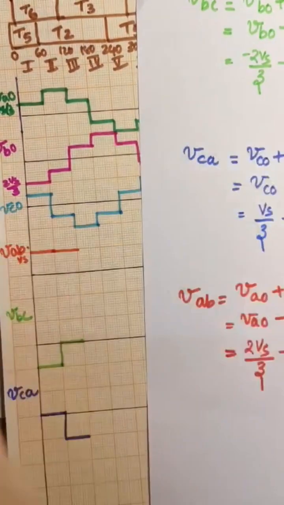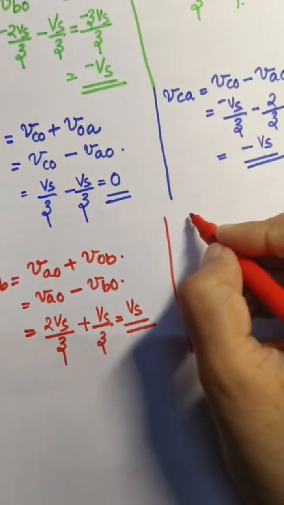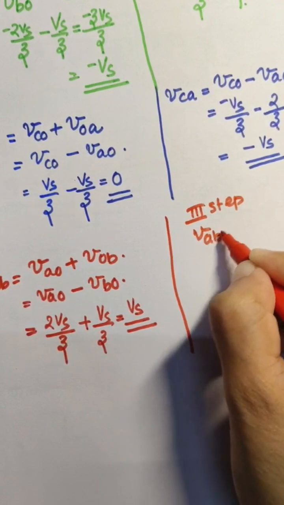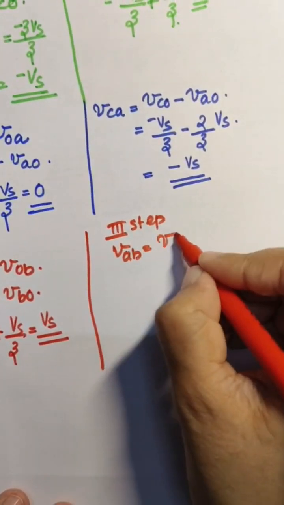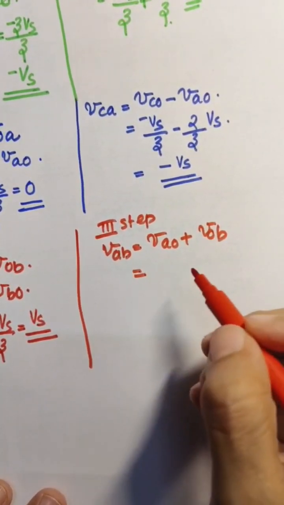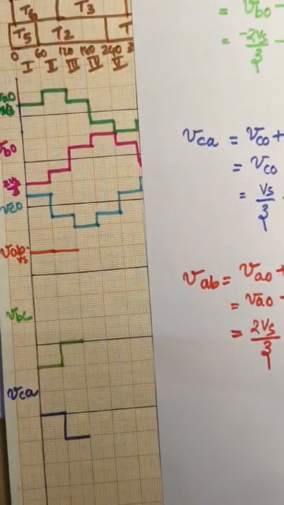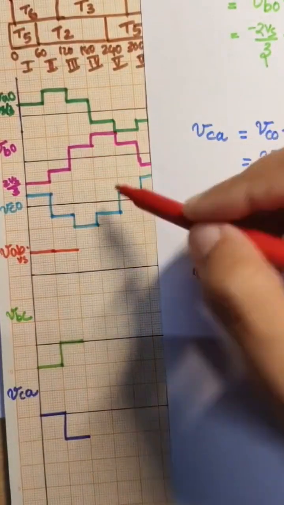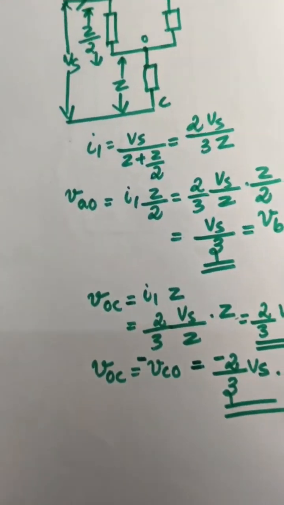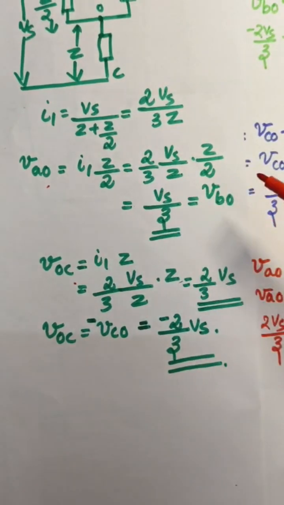For the third step, VAB, same equation, VAO plus VOB, which is equal to VAO minus VBO. For the third step, we need to take either from the diagram or from the calculation sheet. We will be getting the value of VAO, VCO as well as VBO.